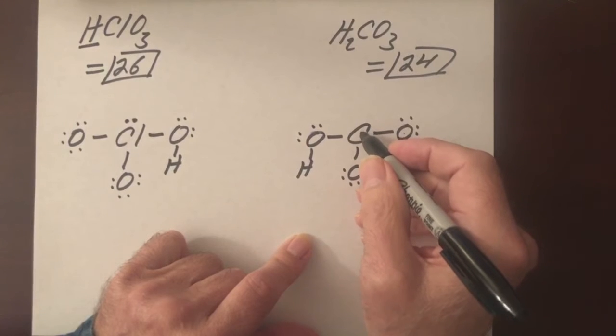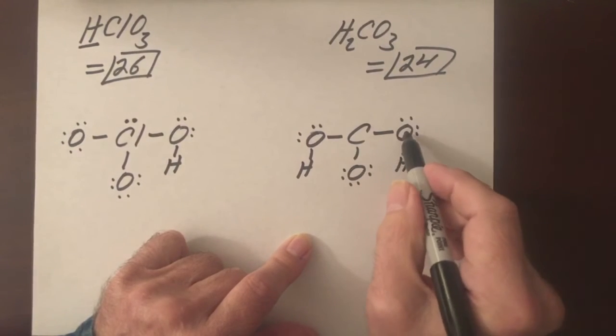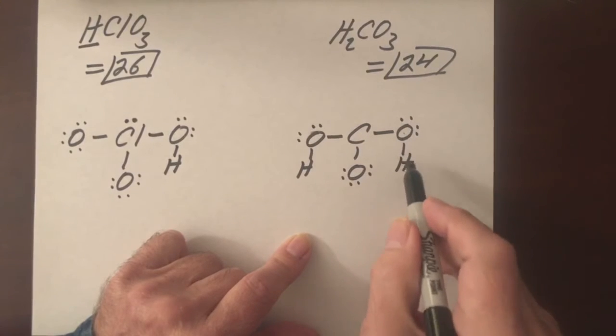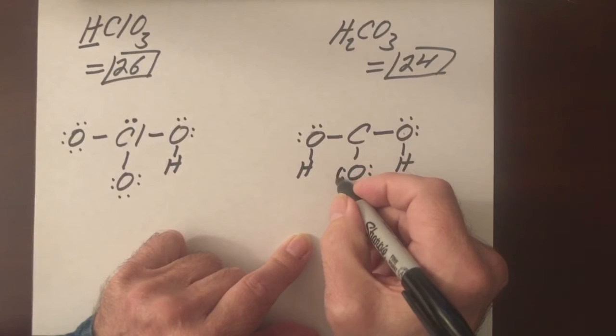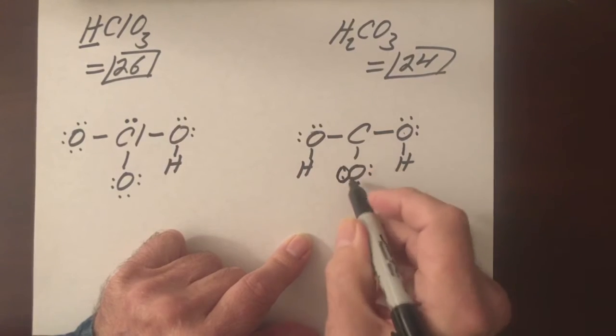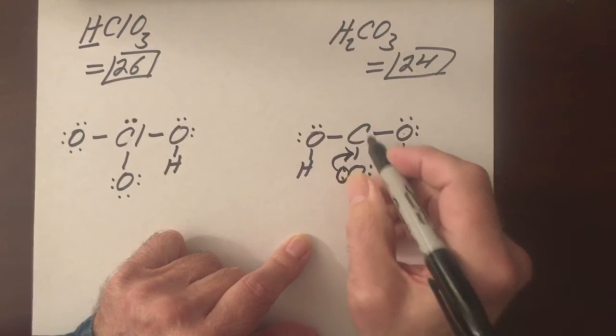It's going to need to have a double bond with one of the oxygens. But when you do that, don't pick the oxygens that already have hydrogen bonded to them. Pick the other oxygen. So this oxygen, one of the lone pairs, will form an additional shared pair with the carbon.